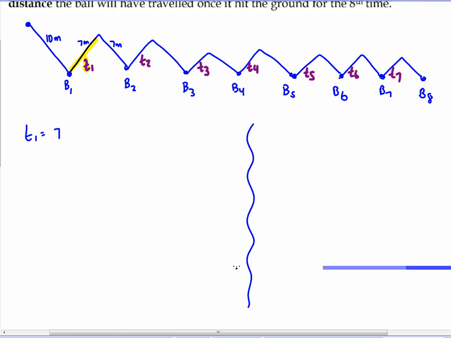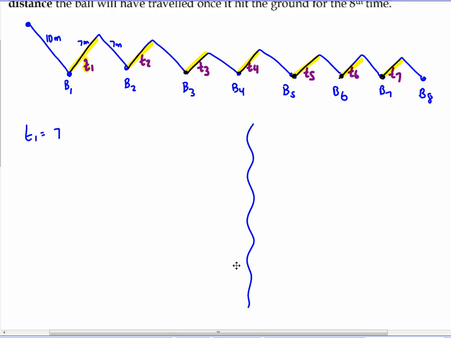Okay, so I'm saying these are what we're finding. I want to find the sum of those 7 terms. So that will get me all the vertical distances added together that it rebounds up.